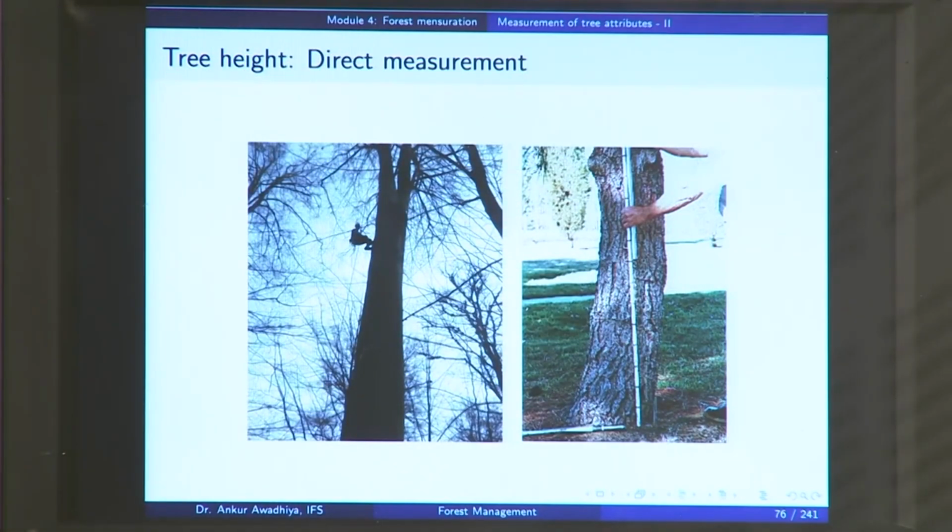You stand near the tree, put your pole such that the bottom touches the ground and the top is extended to the height you want to measure, and then you take this instrument out and measure the length of this rod. This kind of measurement is known as a direct measurement, because you are directly measuring the height of the tree.